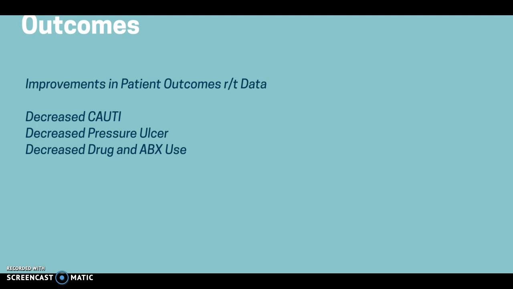We want to improve patient outcomes. We want our patients to be safer. So by the patients being safer, we're decreasing cost in healthcare. We're decreasing need for time in the hospital. And we're improving the overall health of our patients.